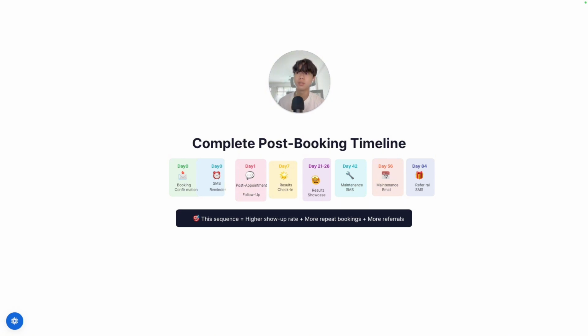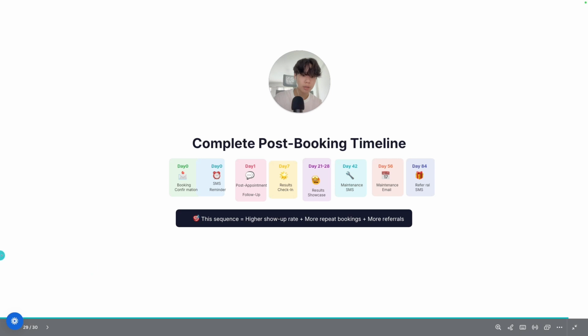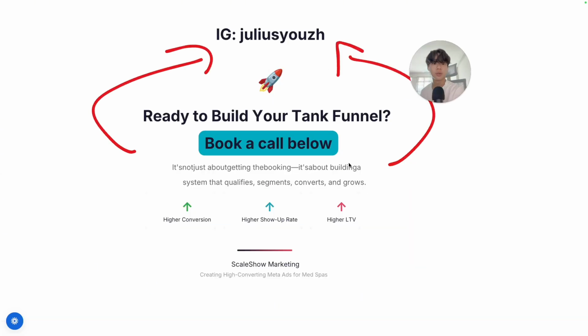Ask them if they can send some before and after photos, or have them as a testimonial. And for day 42, a maintenance SMS. And day 56, a maintenance email. And day 84, a referral SMS. Okay, so this sequence will increase your chances of a higher show up rate, and you can get more repeat bookings and more referrals. Okay, so this is the entire timeline.